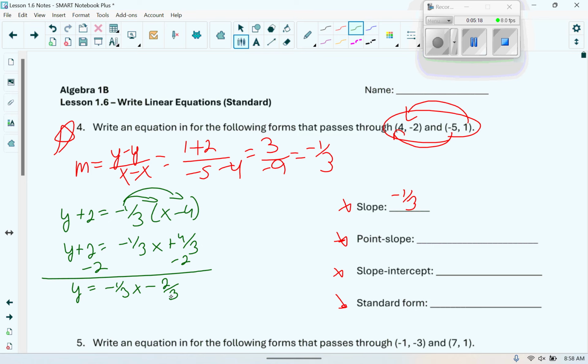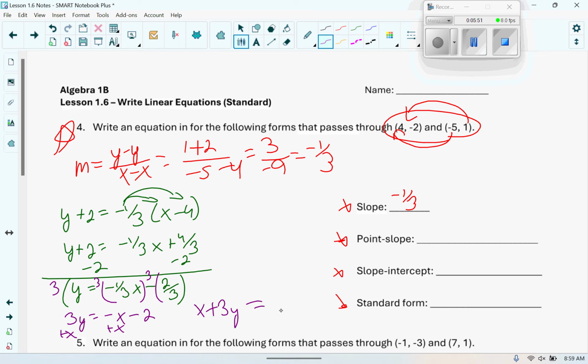We could move the x term over, but I think I'm going to get rid of the fractions first. So I'm going to multiply everything by 3. I have 3y is equal to, when I multiply this by 3, I get negative x. And when I multiply this by 3, I get minus 2. Then my last step is to move that x over. So I get x plus 3y is equal to negative 2.